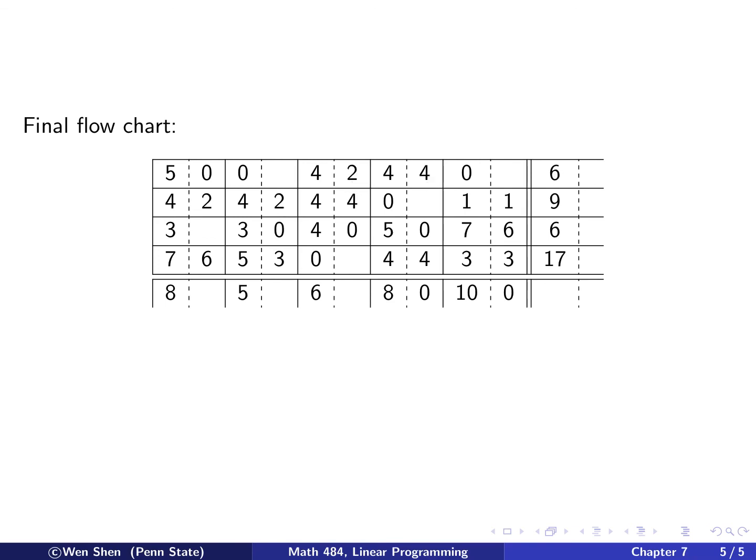Here 2 plus 2 plus 4 plus 1 is 9, and here 0, 0, 0, 6 is 6. Here 6, 3, 4, 3 is actually 16. We'll have 1 unit surplus here. So all the constraints are satisfied. So that's one feasible solution there.